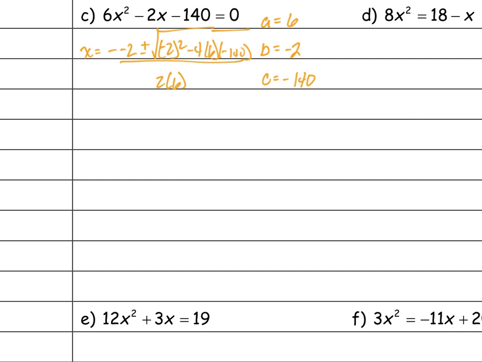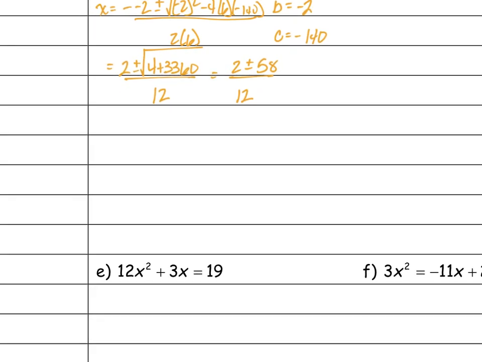So then I get 2 plus or minus the square root of 4 plus 3,060 divided by 12, which gives me 2 plus or minus 58 divided by 12. Beautiful. Oh, sorry. I skipped that step.